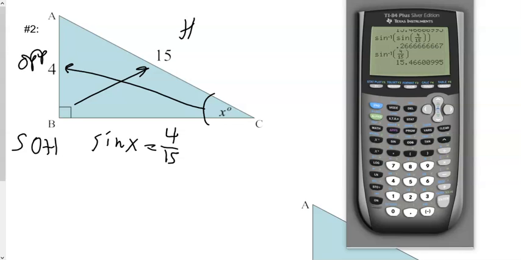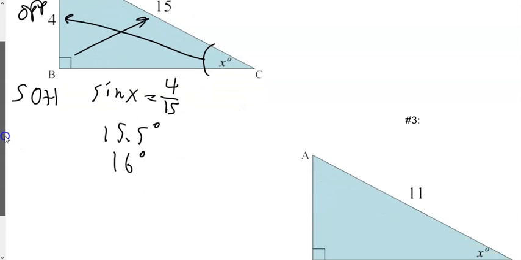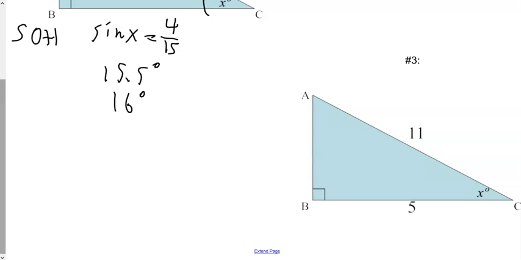So 15.5. I would be fine with 15.5 degrees, since it's right down the middle, or if you wanted to go with 16 degrees, I would accept either one.